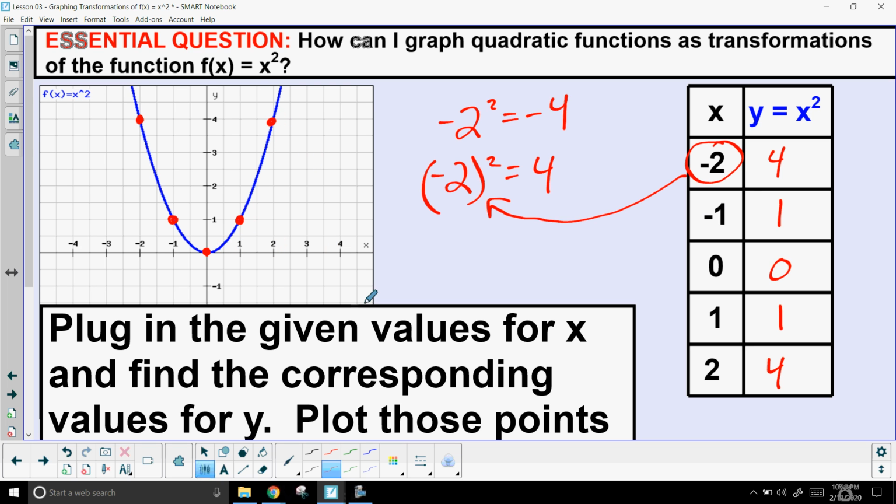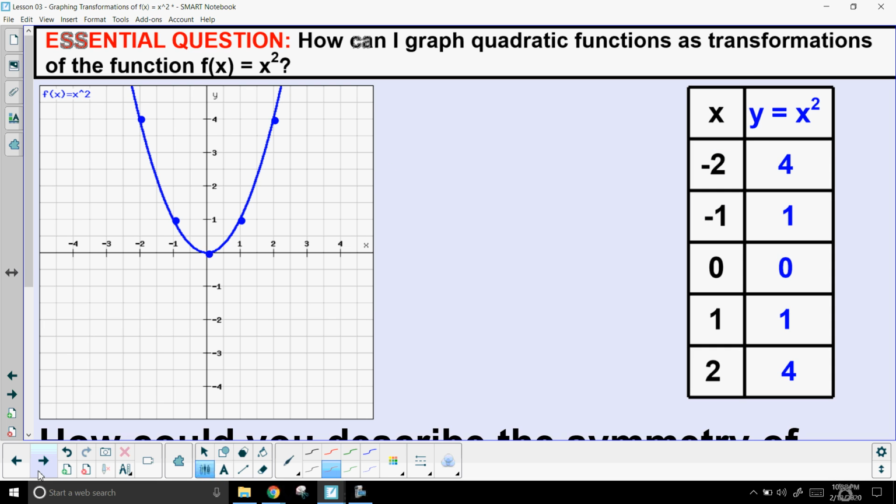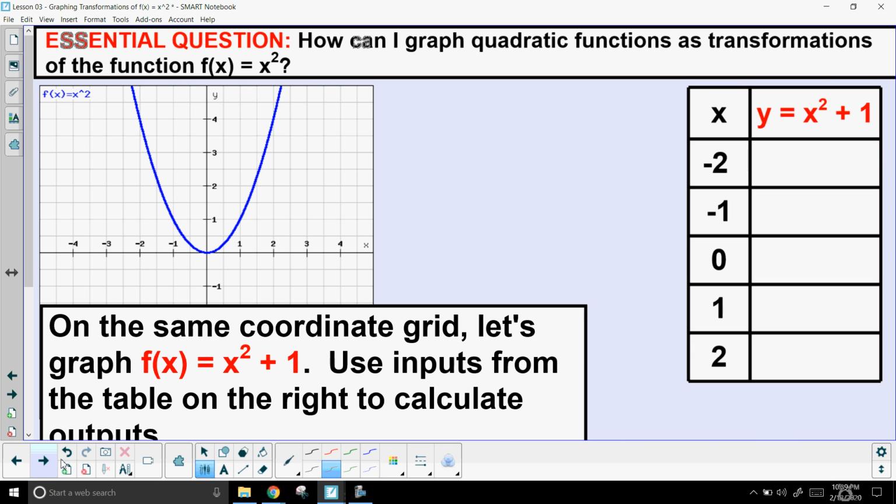Okay? This is the parent function. We're going to feed off of this to see the other transformations. For example, we're going to add 1 to x squared.